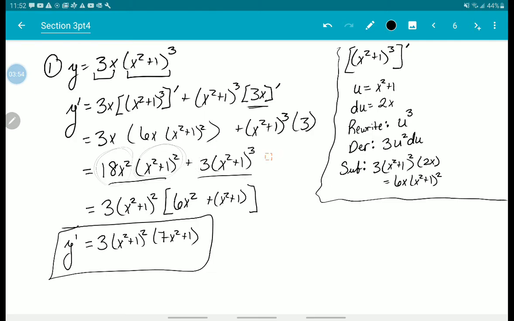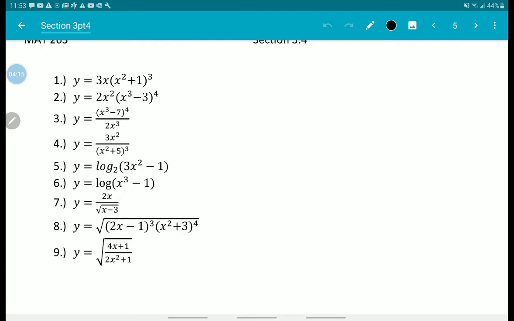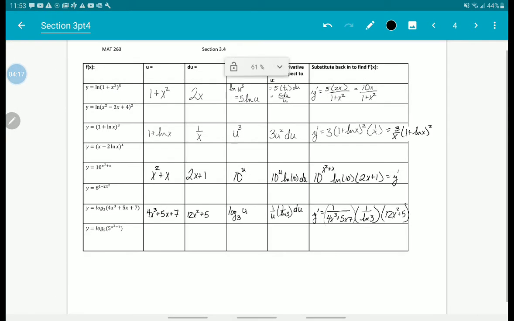Okay, so a couple of things I want you to get out of this. First, we can go through that same process that we did before and write out each step. Okay, so that table that we had in the previous video, we found u, we found du, we did a rewrite, then we took the derivative and we did a substitution. So it's the same thing that we did over here. u, du, rewrite, take the derivative, substitute.